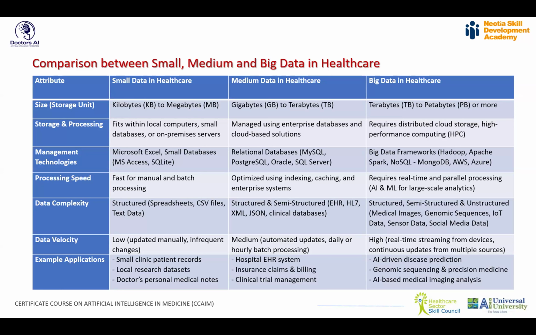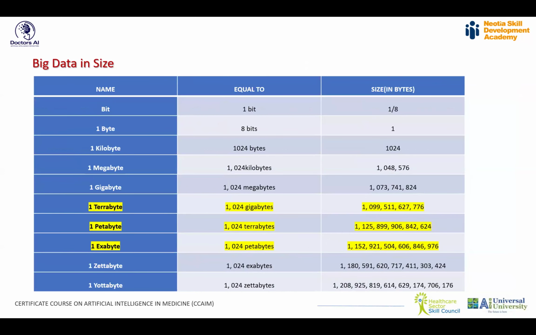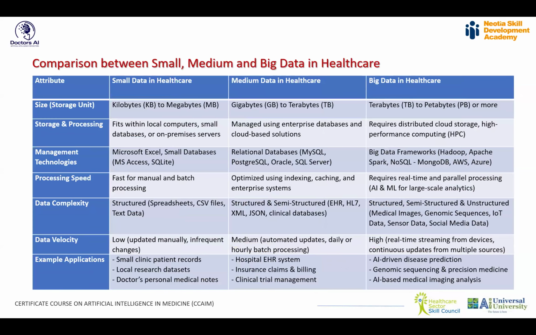Now, if I come to the third column, which is called medium data in healthcare, in terms of storage it goes from gigabyte to terabyte. So the gigabyte comes here, which is not highlighted in yellow. For storage I will be using a bigger RDBMS, a relational database management system: MySQL, PostgreSQL, Oracle, SQL Server.